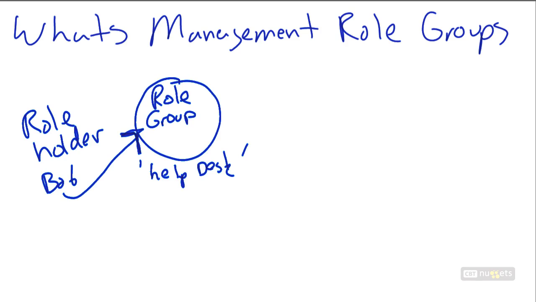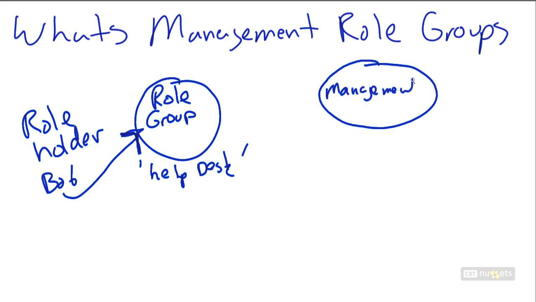First of all, this is kind of done as entries in what we refer to as, let me draw another little circle here, and it's kind of lopsided for a reason, so I could write the word management role. Let me give you an example of a couple of management roles. So we're going to create a management role or use one of the existing ones. One might be, well, let's see, what does help desk need to do?